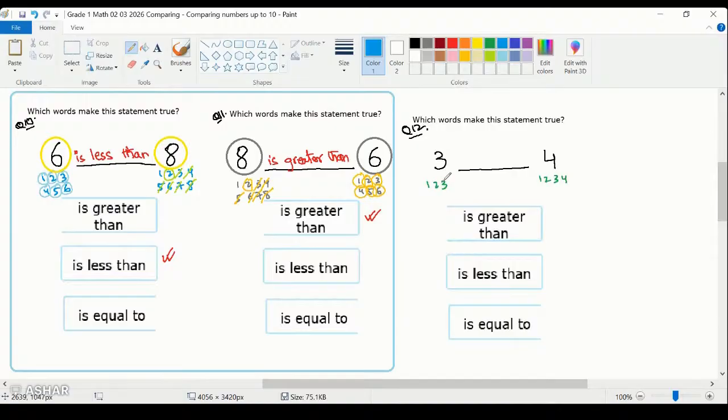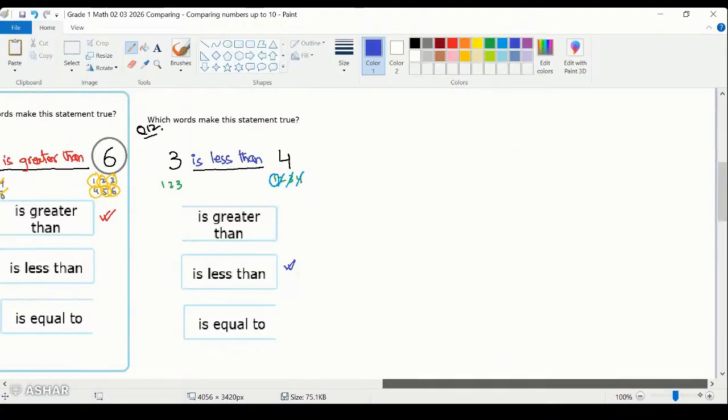If 3 was this, we cancel 3 numbers over here. We are left with still one value. Thank you, Deborah. So we know that 3 is less than 4. Agreed?